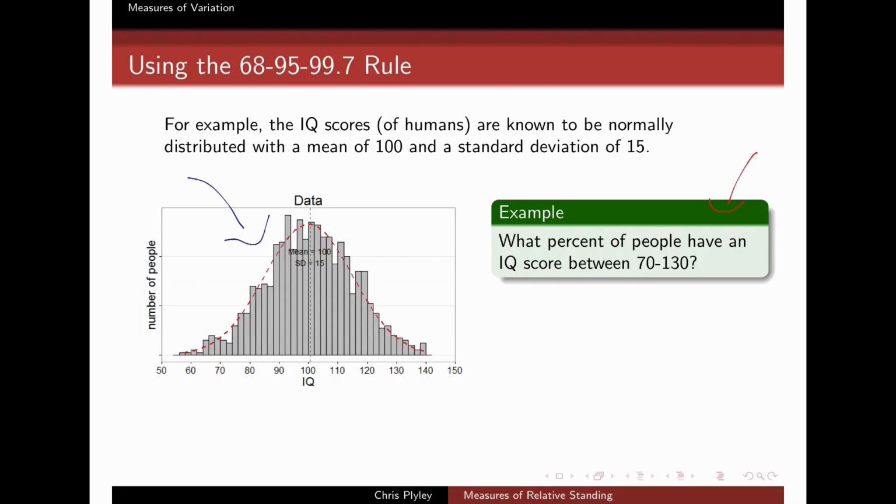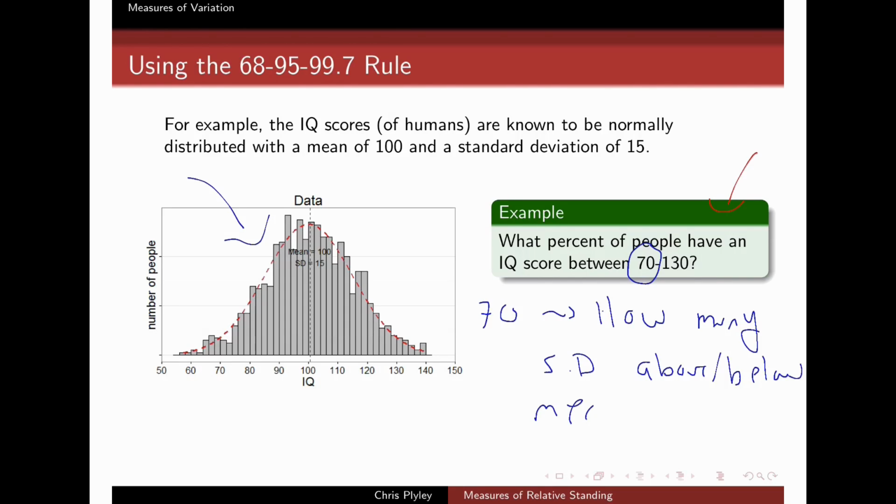And in order to use it here, we just need to look at these two scores and look at a score like 70 and ask yourself the question. It's an important question to be able to ask yourself. You should sort of think this anytime you see a data value in this course. How many standard deviations above or below the mean is this? How many standard deviations above or below 100 is 70?